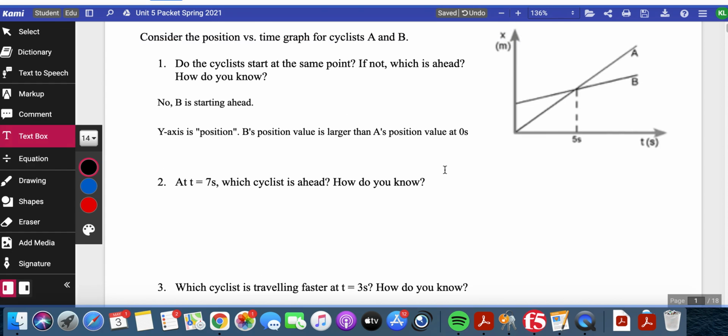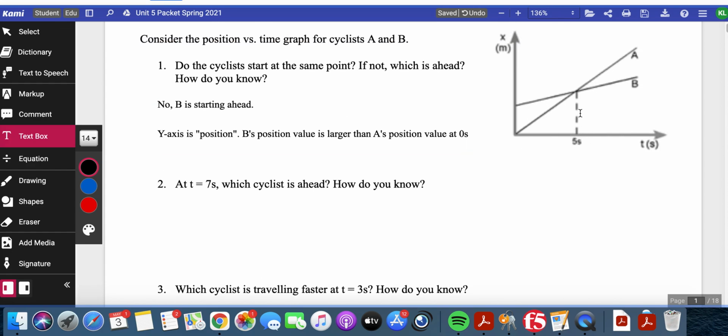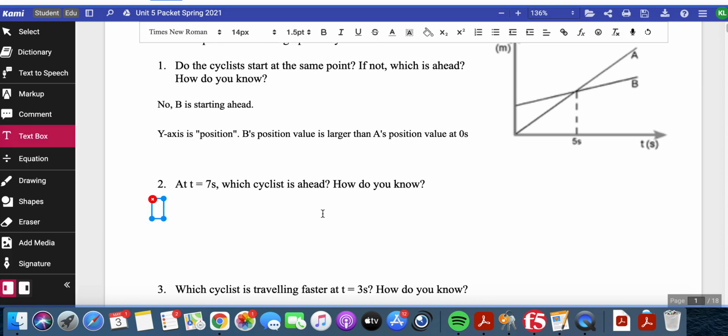Okay, and then at 7 seconds, so this is 5 seconds. At 5 seconds, they're at the same spot. And then at 7 seconds, which cyclist is ahead? A, right.